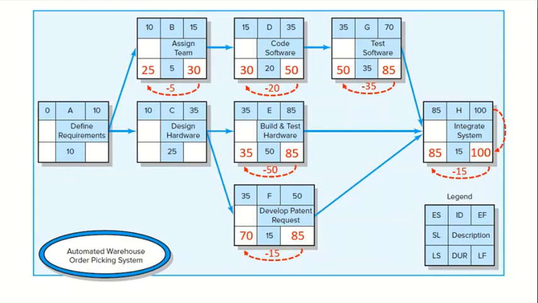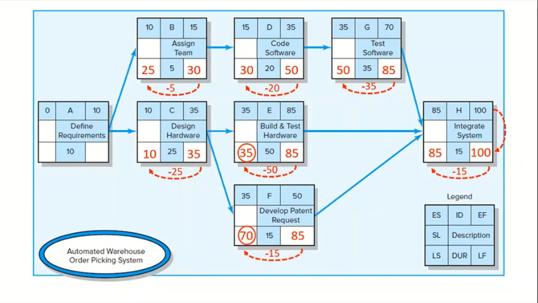Now, be aware that C is a burst activity that precedes activities E and F. The late finish for C is controlled by the LS of E and F. The smallest LS of activities E and F will establish the LF for activity C. Next, subtracting 25 days from 35 will give the LS, or late start, for C. How about A?